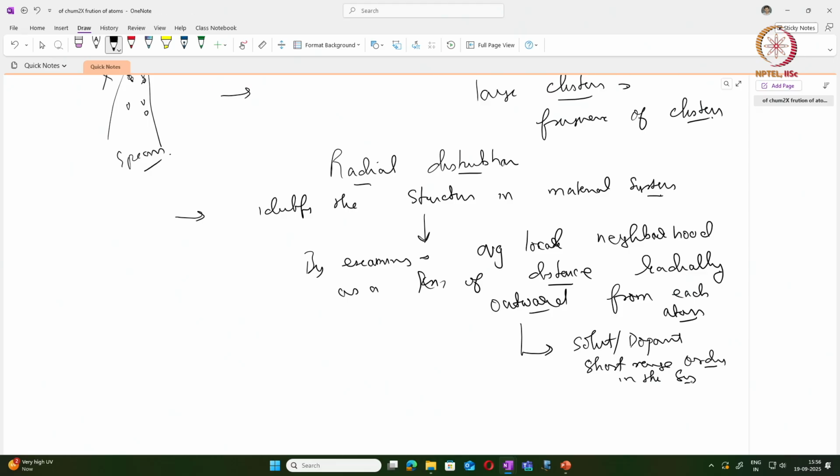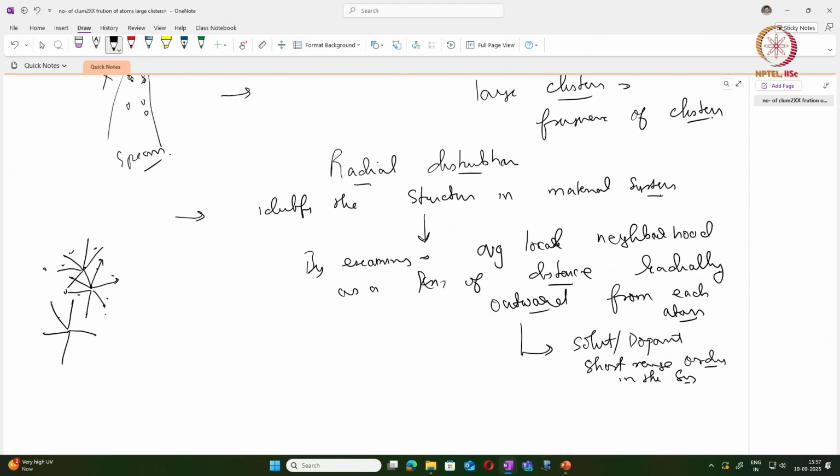So remember, if you have a series of atoms which have been detected in a data set, then radial distribution examines the average local neighborhood as a function of distance which is extended radially from a particular atom, and this is calculated for each atom position.